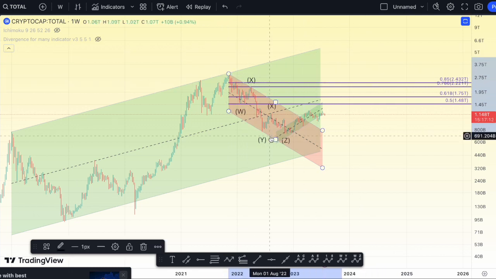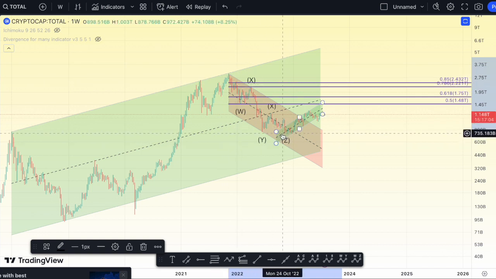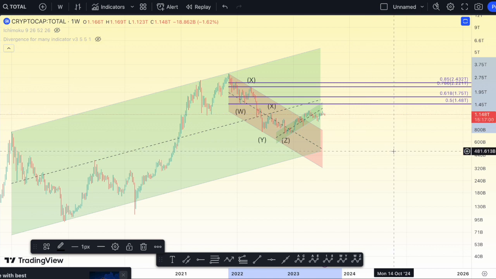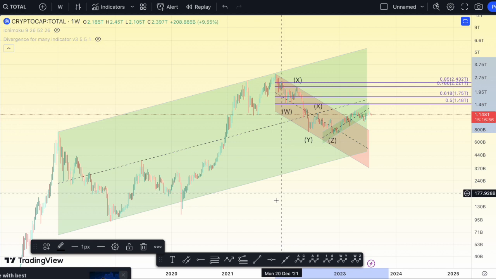But in another scenario, we could claim that this was only our first correction wave, and then we're going to be completing another leg up, and then we're going to have a final leg down as well. So these are the big pictures.